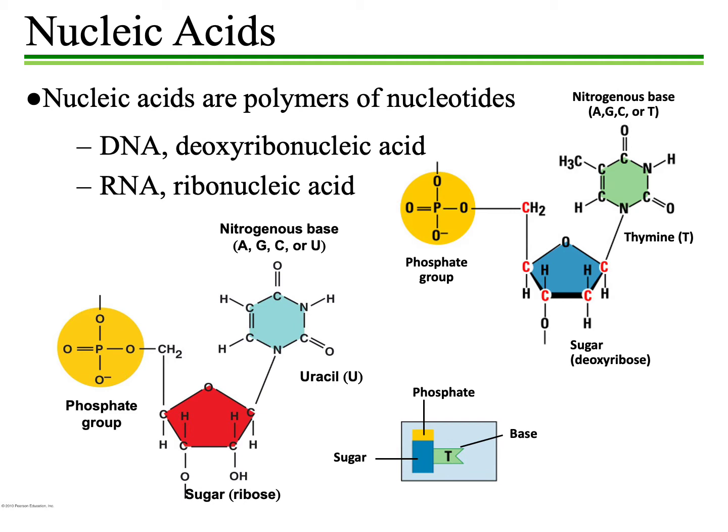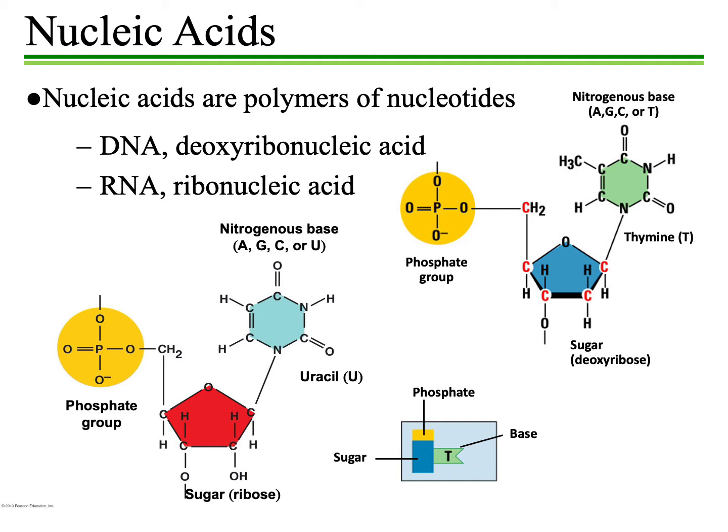The individual monomeric unit is known as a nucleotide, and we're going to look at that structure in this particular slide in just a minute. But there are two categories of nucleic acids. There is DNA, which is short for deoxyribonucleic acid, and RNA, which is short for ribonucleic acid.